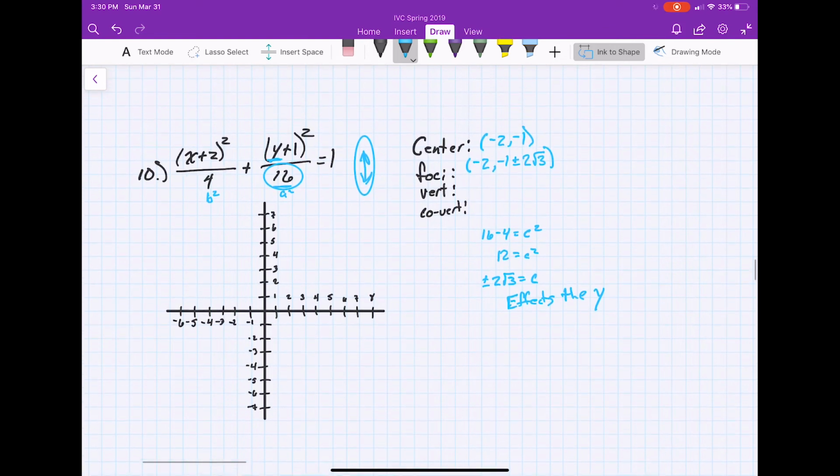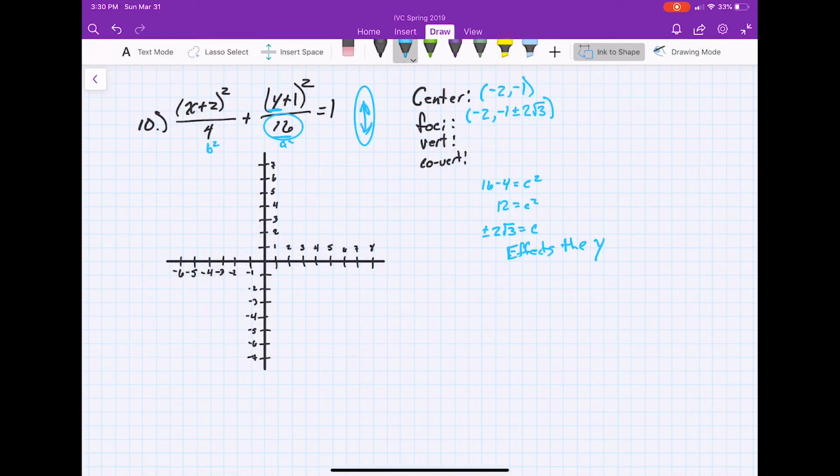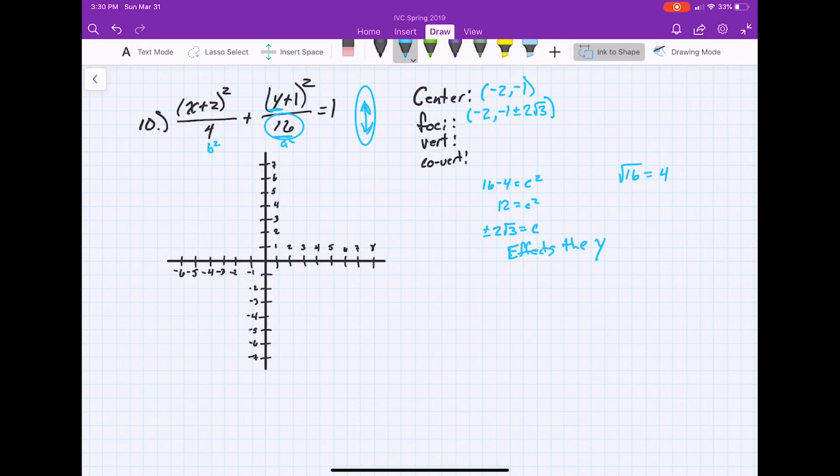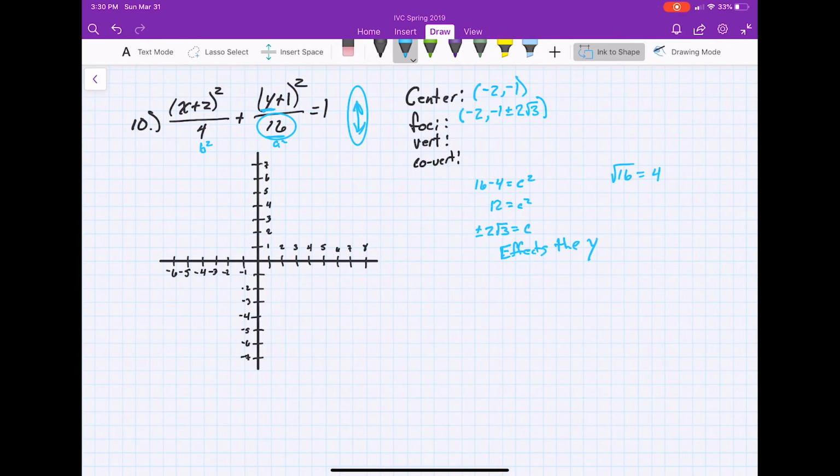All right, so we need to find the square root of 16. This is equal to 4. That is going to affect the y-axis as well. So this is how I'm looking at my vertices.